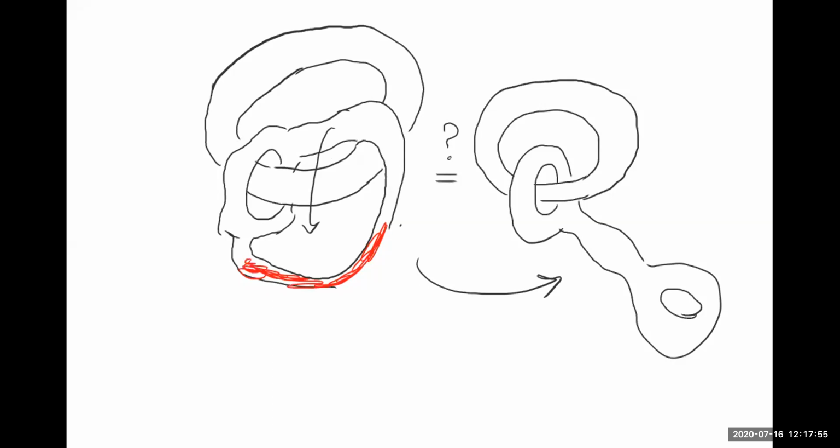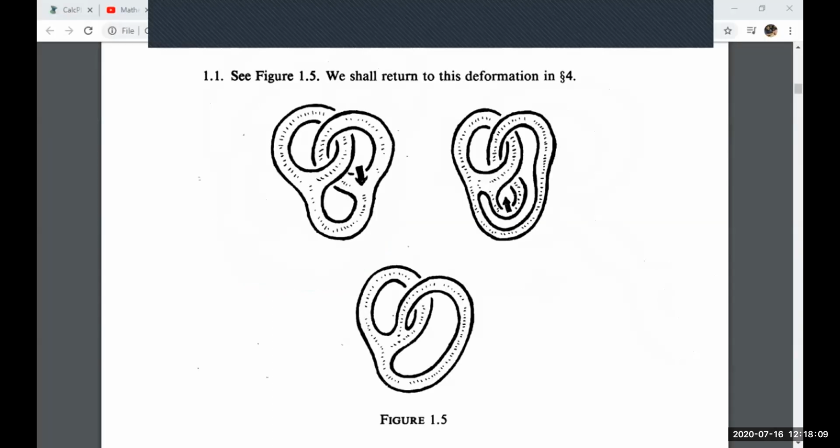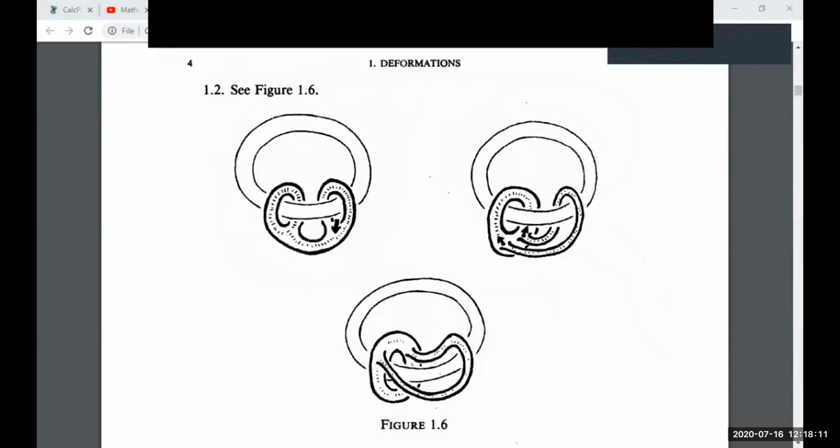Maybe it's good if I show you the picture here too. So here you would see this deformation. First, we are in the first one.